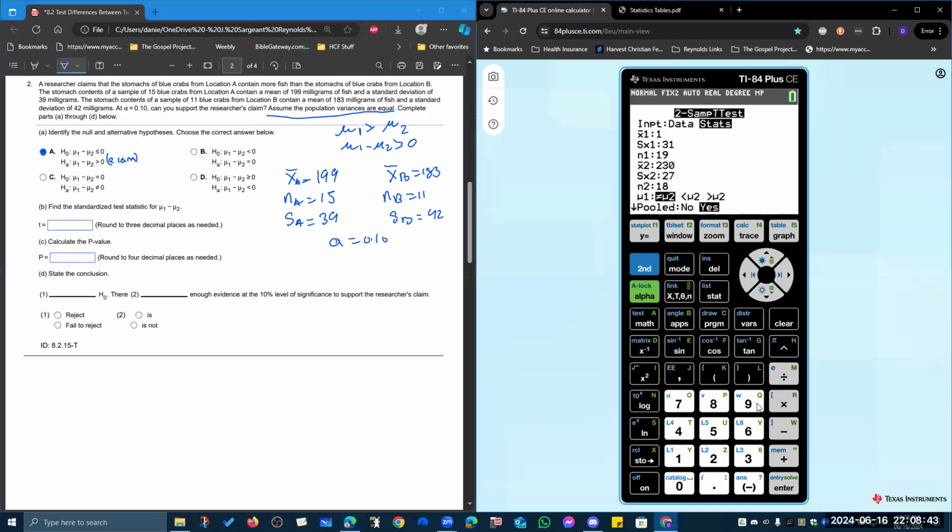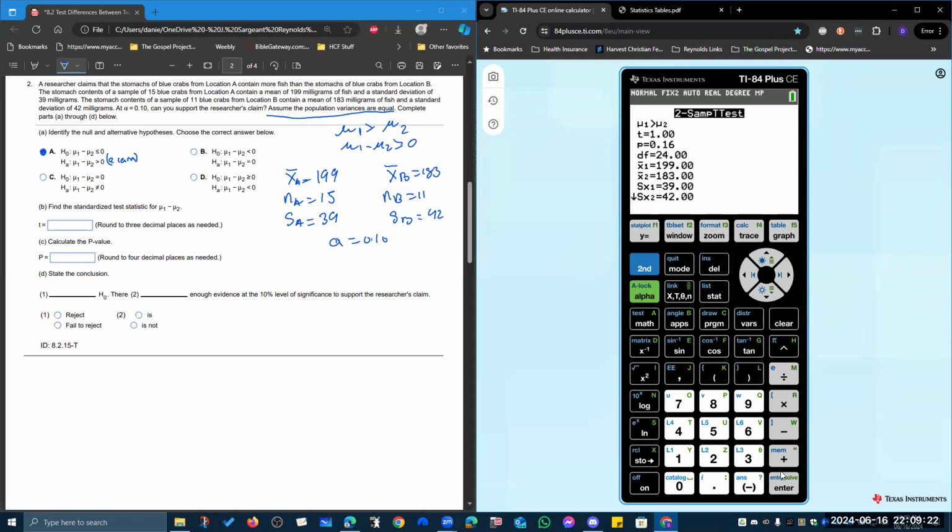So 199, 39, 15, 183, 42, and 11. And we're going to say that mu1 greater than mu2 is our HA, and yes, they're from the same pool. That sigma 1 is basically sigma 2.